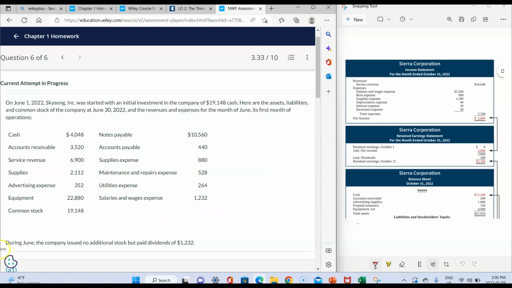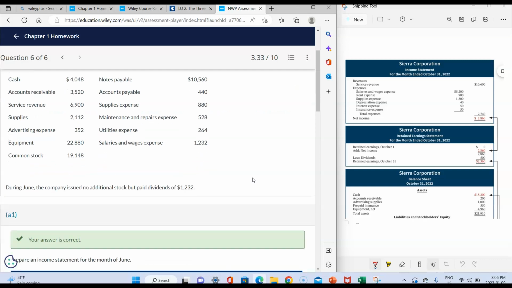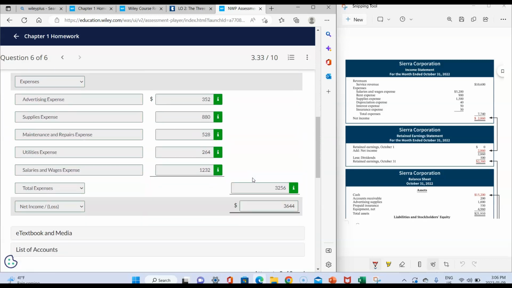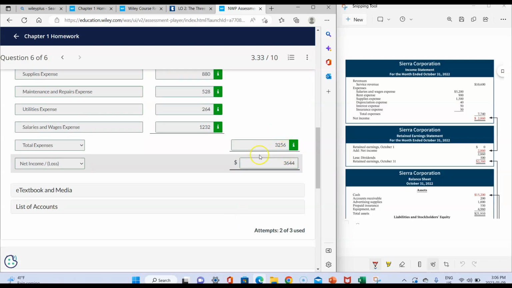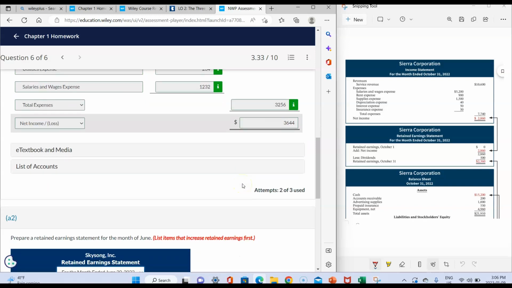And the other thing that's important here is the fact that we pay dividends. So we're going to add net income and subtract dividends in this statement. That is important. So we'll just go down. During the month we made $36.44 in net income straight off this income statement.